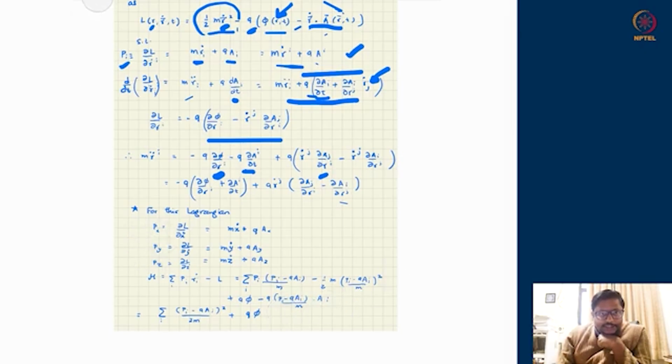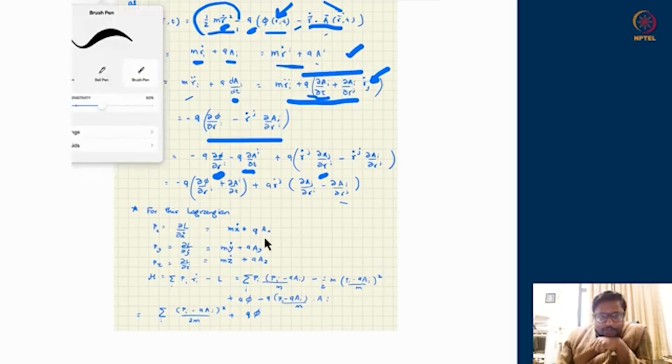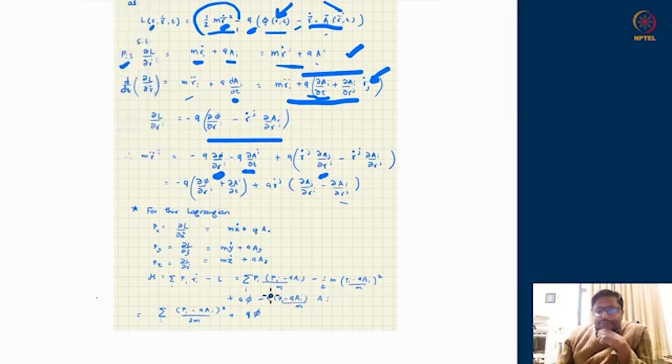Now you can see the Hamiltonian which we were writing has a very neat structure. Actually, you can collect all the terms which have Pi minus QAi in common, and you will see that ultimately this whole expansion is nothing but Pi minus QAi whole square divided by twice m, summed over i, plus Q phi.